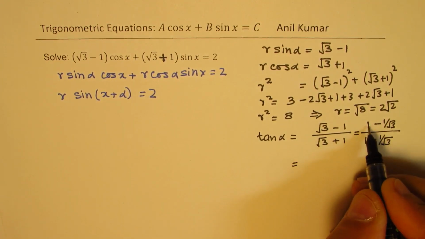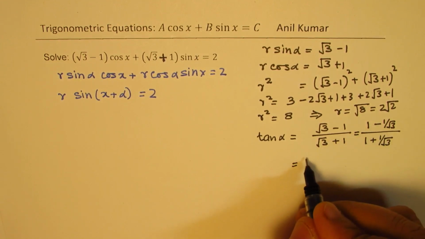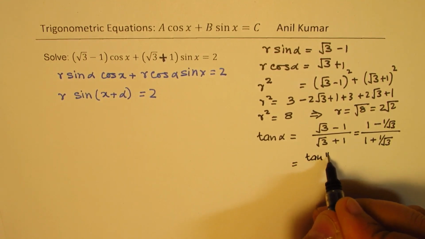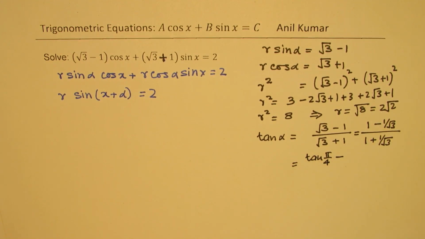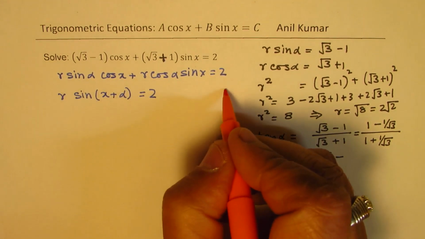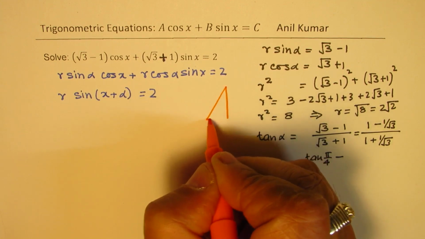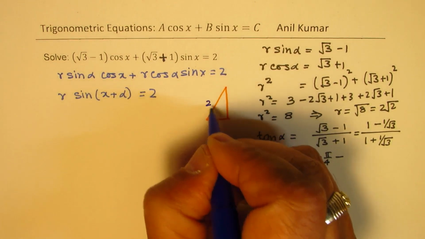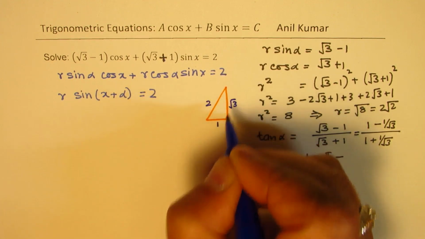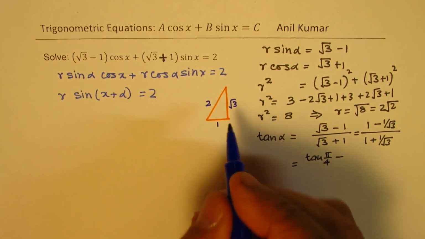Now that reminds you, 1 is tan of pi by 4, correct, minus 1 over square root 3. You can use your special triangles. So in a special triangle, the sides are 1 to square root 3. We are talking about 1 over square root 3.